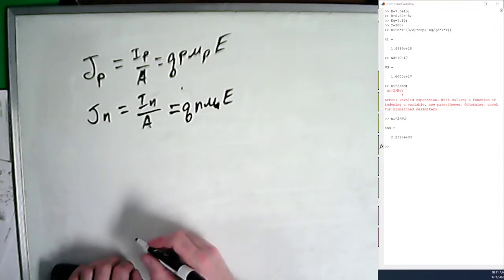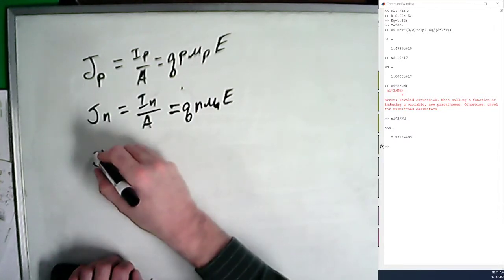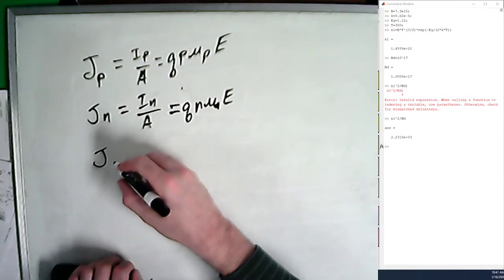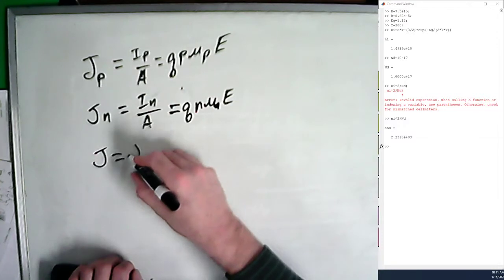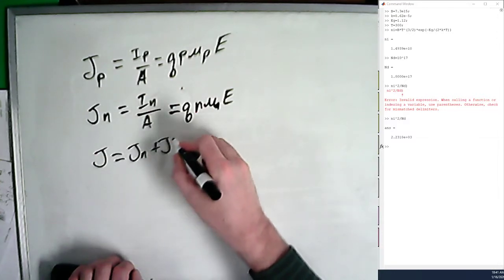And then combining both of those together, we know that the current density, the total current density, is equal to J_n plus J_p.